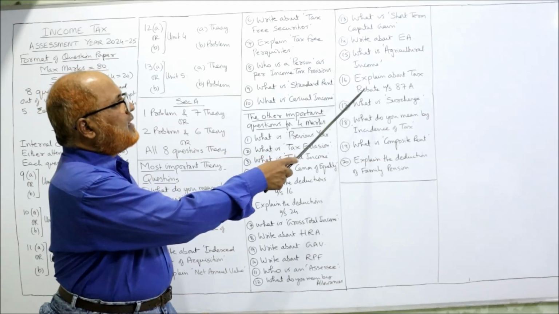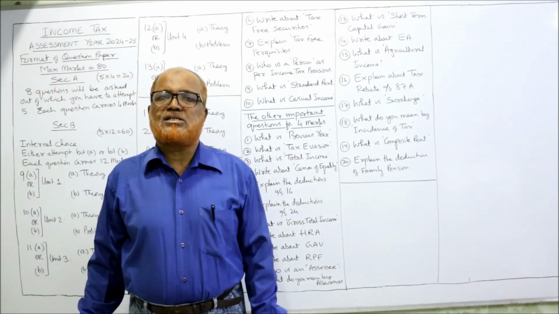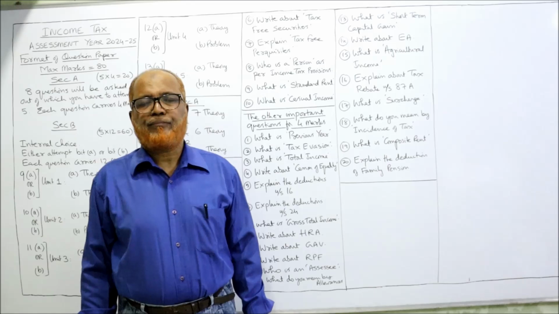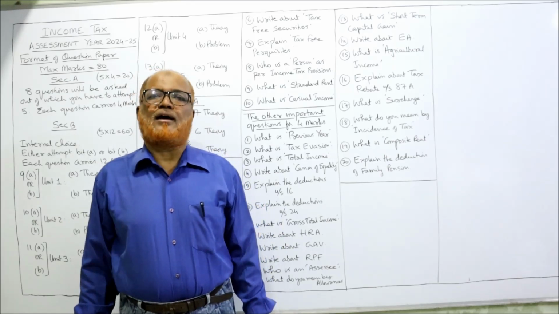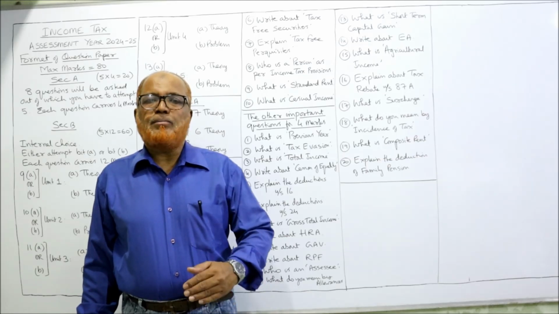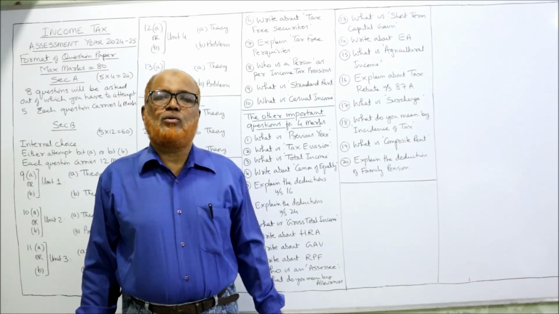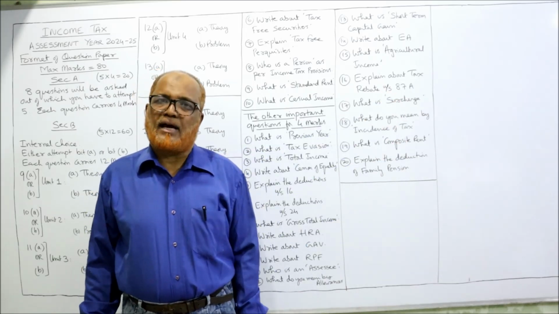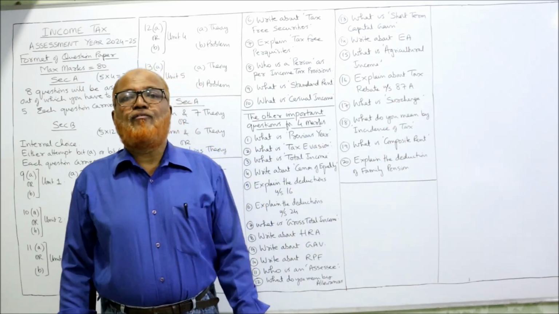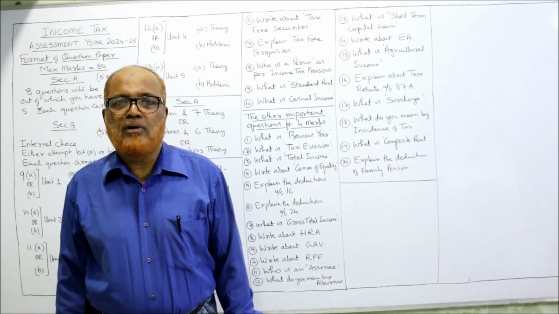Next comes explain about the tax rebate under section 87A. Income Tax Act has given some discount in tax liability. That means some concession is given to the taxpayer under section 87A. That is called tax rebate. To whom is it given? For low income group.